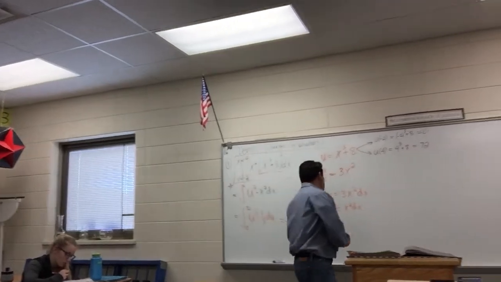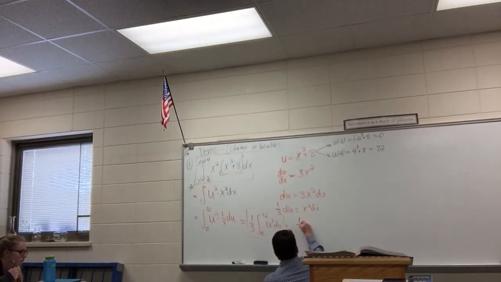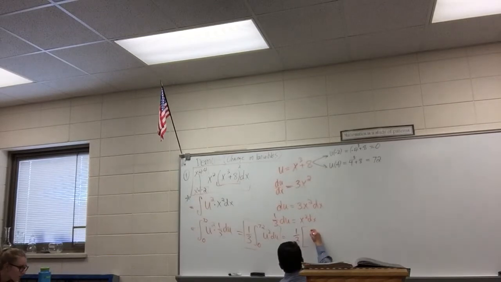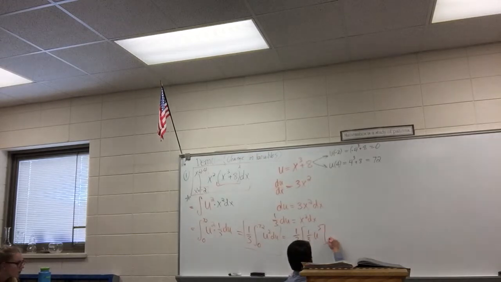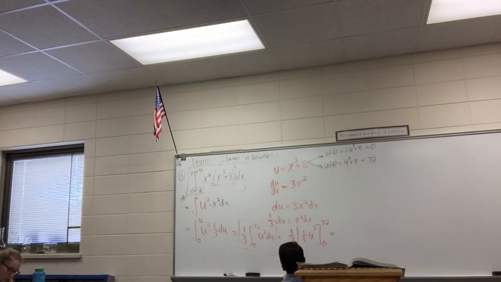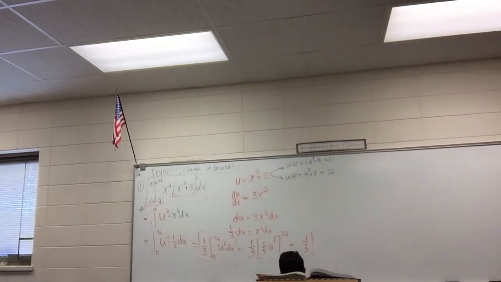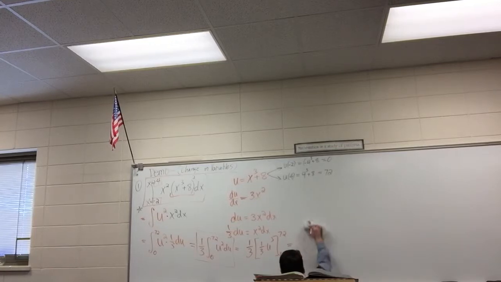It's just u squared. So we've got 1/3 times u to the 3, and that's 1/3 evaluated from 0 to 72. Well, that's a big number. Okay. I didn't see that one coming. Okay, and you know what?